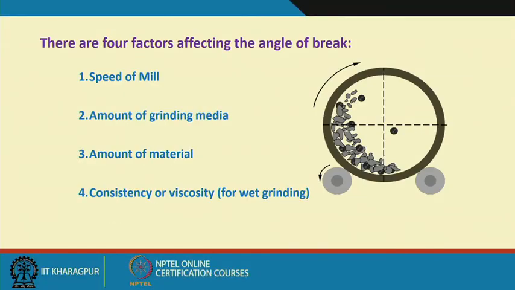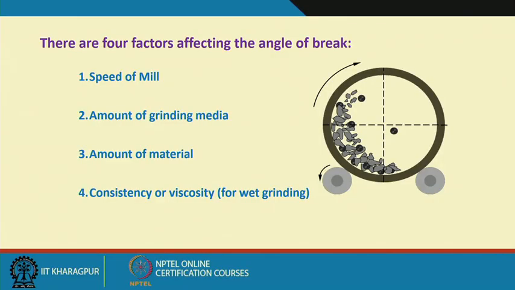There are 4 factors which affect the angle of break. One is the speed of the mill, which we have already discussed. Two, the amount of grinding media. We have discussed the size distribution of grinding media, but this is how much of that grinding media you are utilizing.